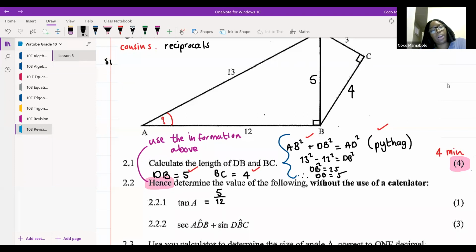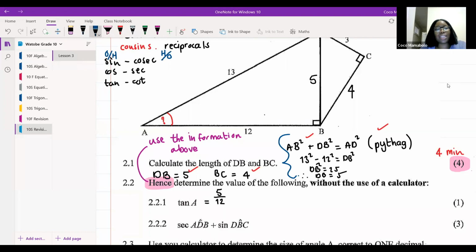So the reciprocal of sine is cosec. The reciprocal of cos is sec. And the reciprocal of tan is cot. Right. Now, remember, David, before we even go there, we know that sine is opposite over hypotenuse. So cosec is going to be hypotenuse over opposite.